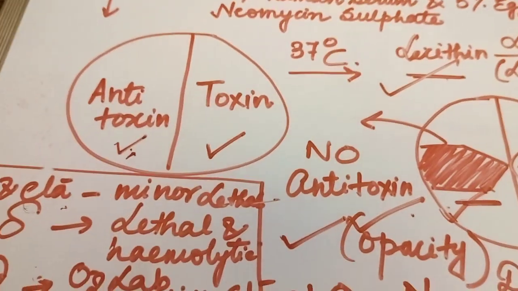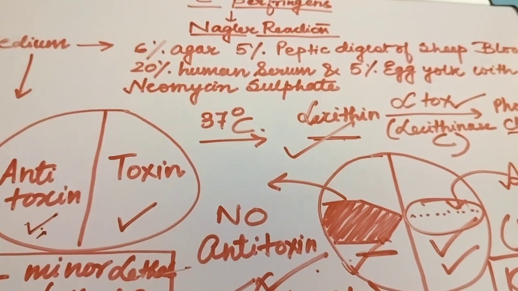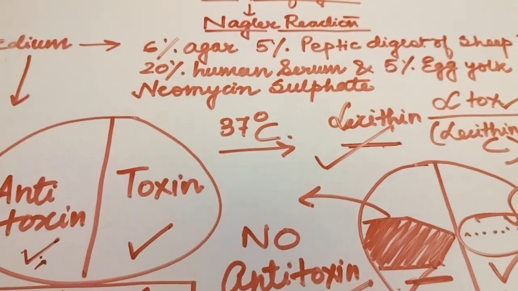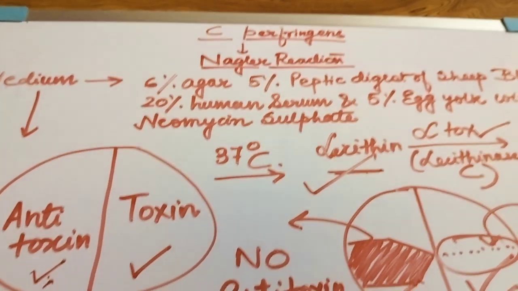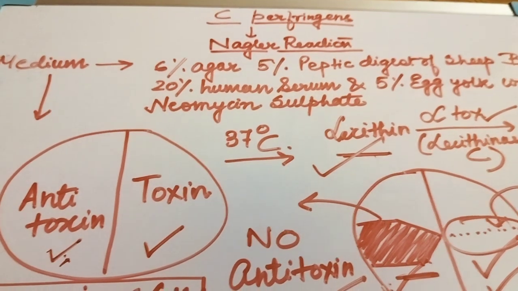That is why the cell is killed, and you have a necrotizing effect on the tissues, and that is why this organism is also termed flesh eating, or you have amputation or degradation of cells at specific sites.